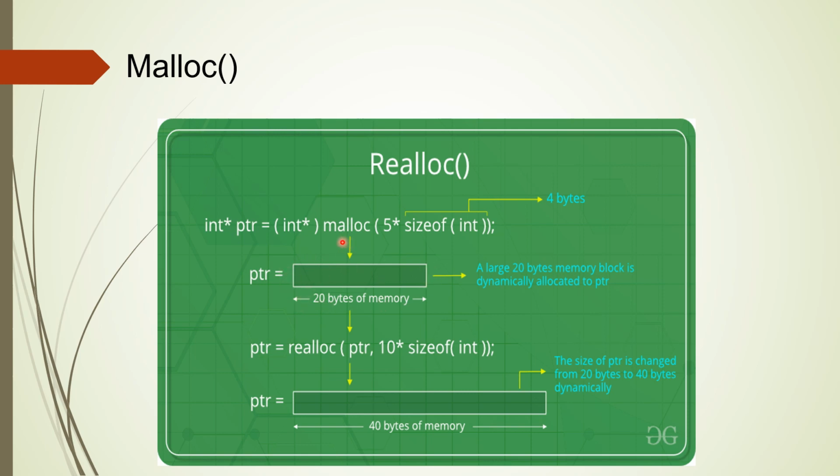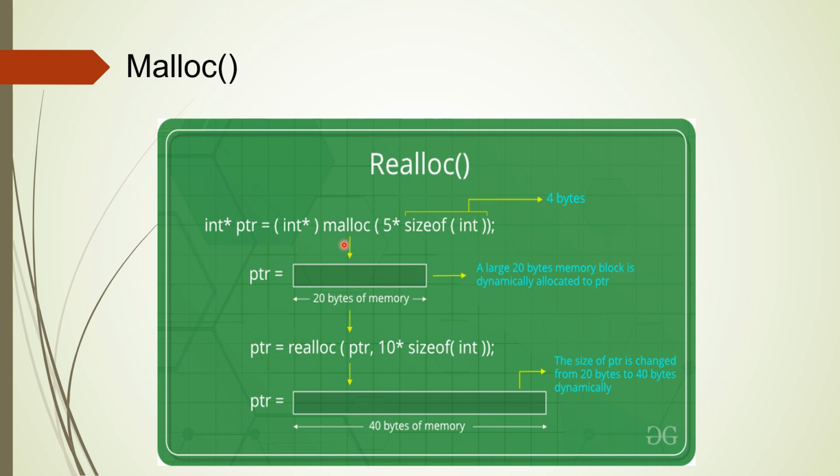So that base address is written by the malloc function. The address is of unknown type, but we are trying to store it in a variable ptr. Since the variable which receives the address should be a pointer, it is declared as star ptr, here an integer pointer.